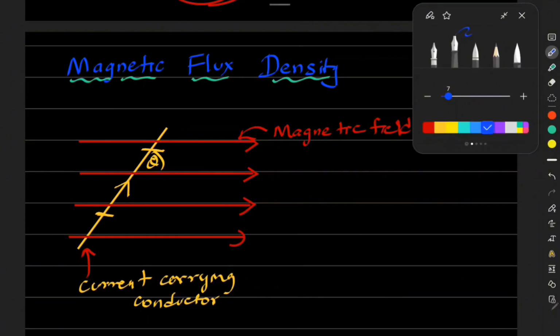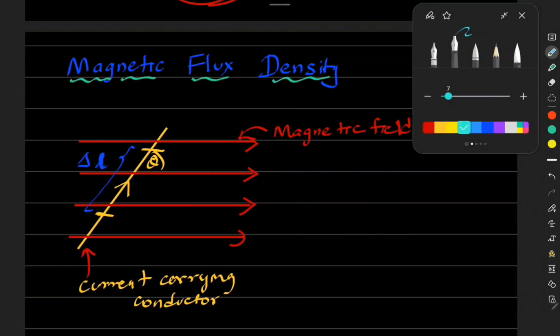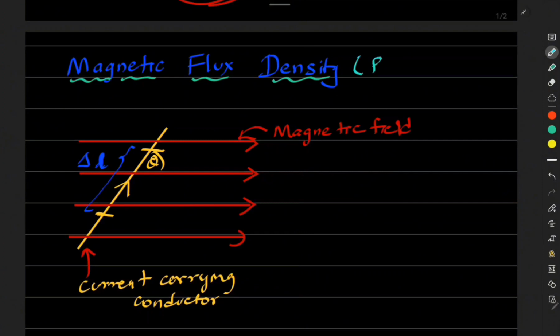This is the place where we're going to measure the force acting, delta L. We give a symbol for magnetic flux density. We give it as B, capital B. Now let's derive a formula for magnetic flux density.